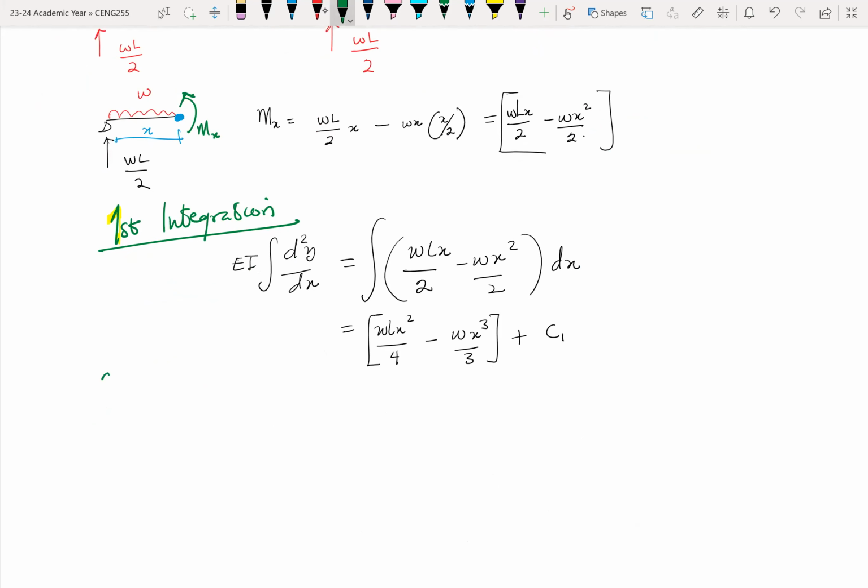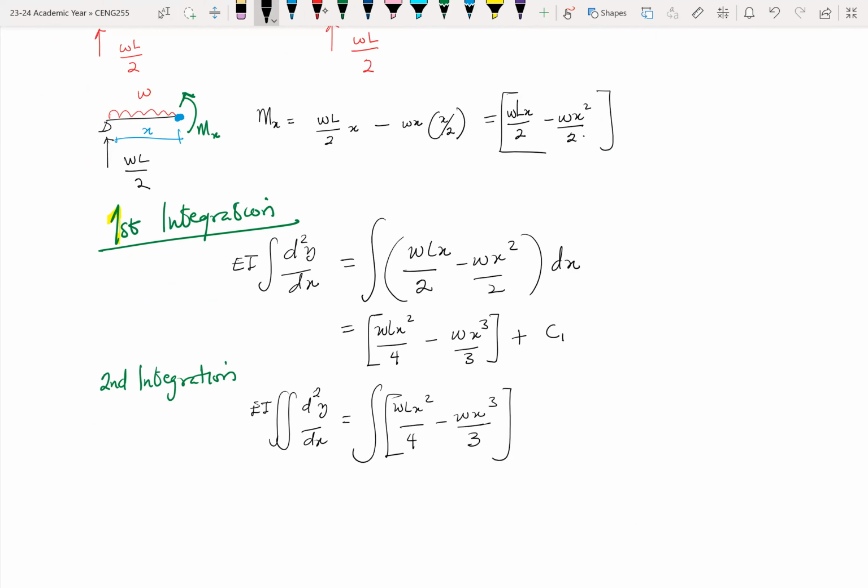Then on the second integration, EIy is the integration of WLx squared over 4 minus Wx cubed over 3 plus C1, all of this dx.